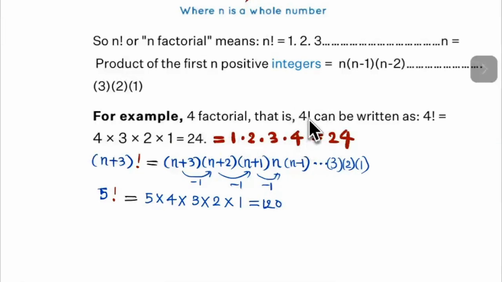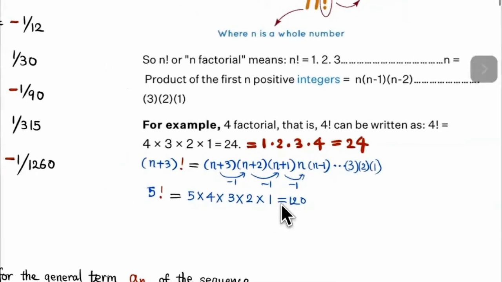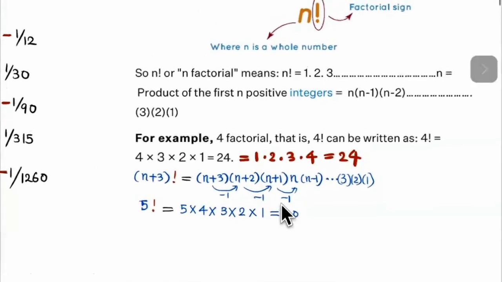That's what factorial means. So 5 factorial, for example, is 5 times 4 times 3 times 2 times 1, which is 120.